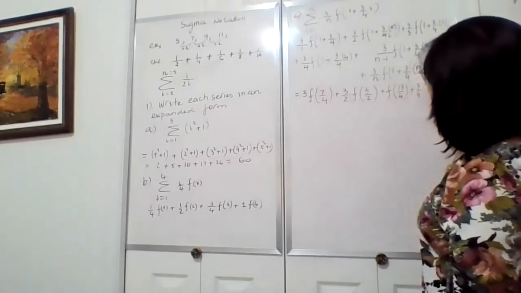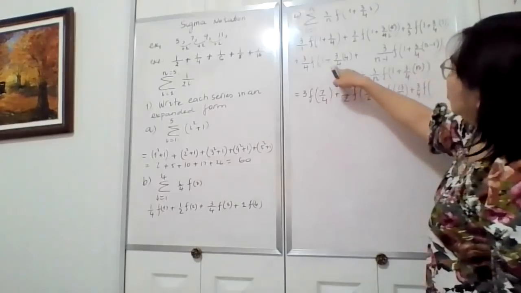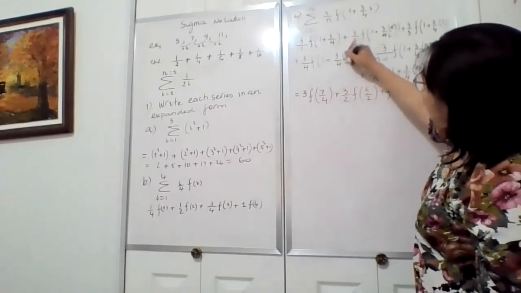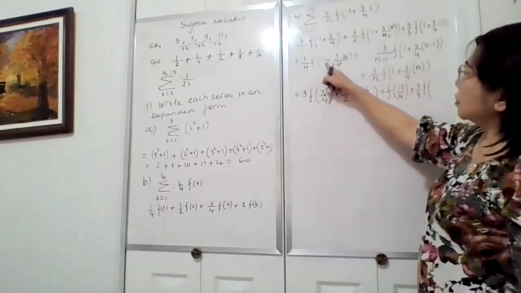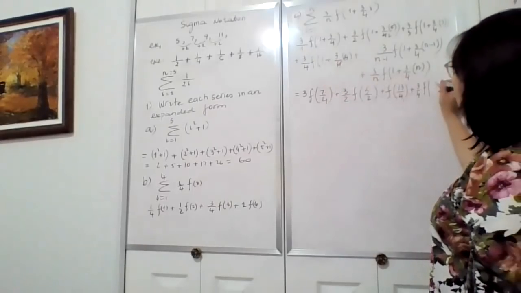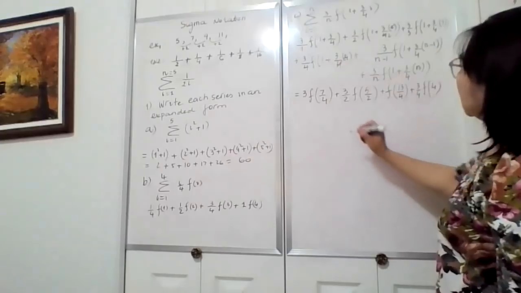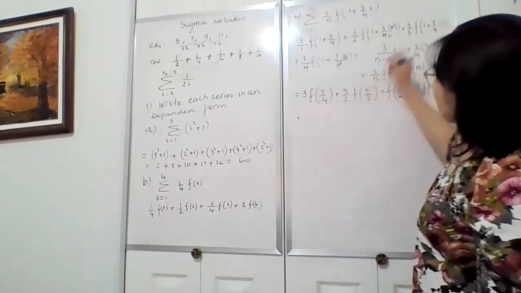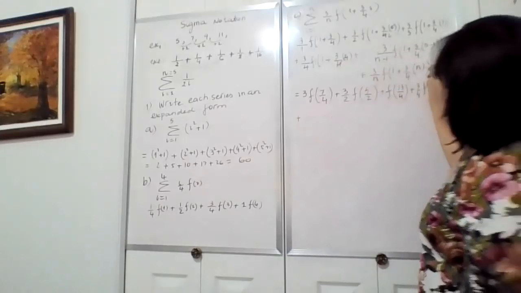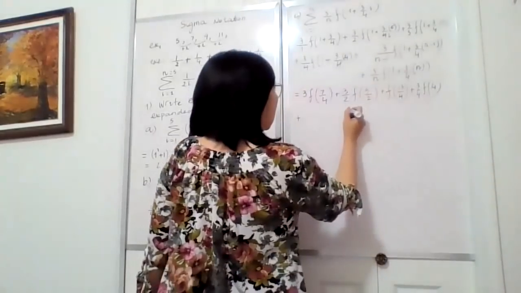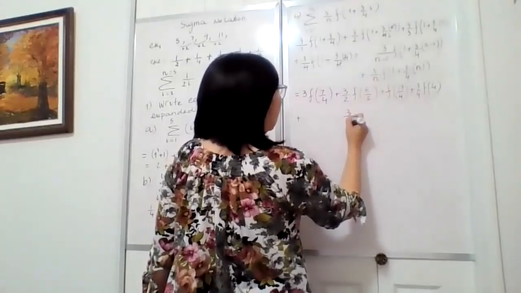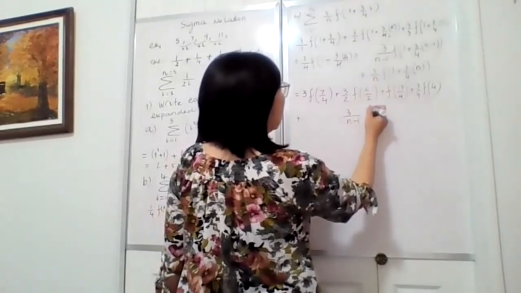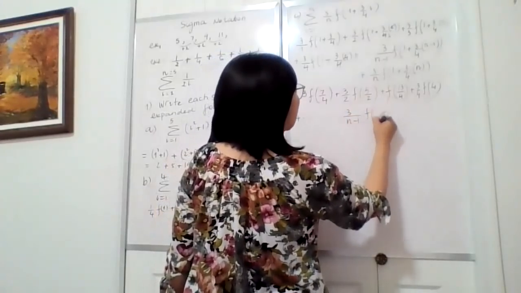So 3 over 4, f. This 4 will cancel with this 4 down here, so we have 1 plus 3 is just 4. Now, this will keep going until we hit this. And I think for this number, we're not going to know what number to simplify, so just leave it like this.